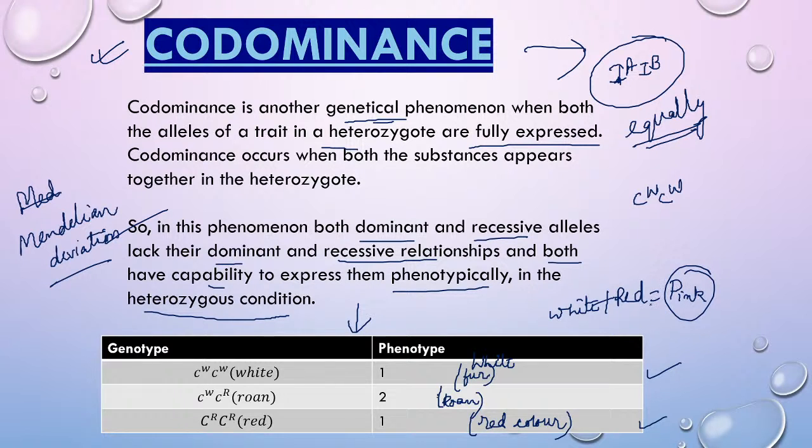But in case of codominance, the pink color was also not obtained. So what type of color was obtained? A roan color was obtained, which is a dark brownish color, and this is known as the roan coat color, which is again codominant, because here the CW gene and the CR gene, that is both the alleles, are codominant.